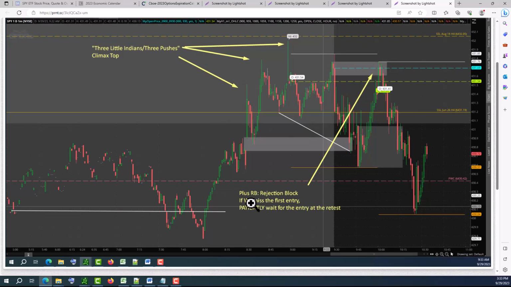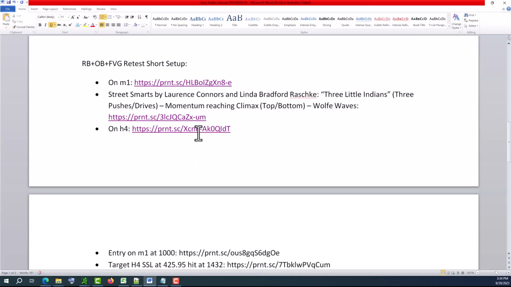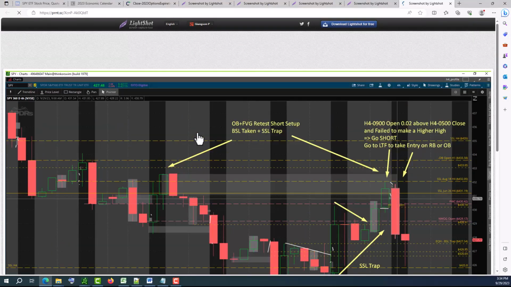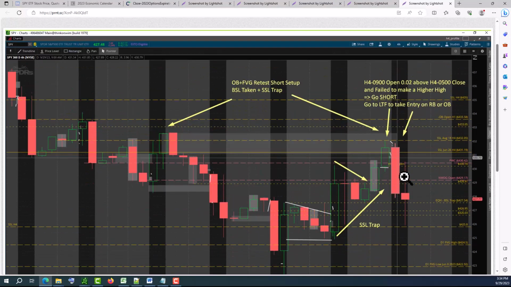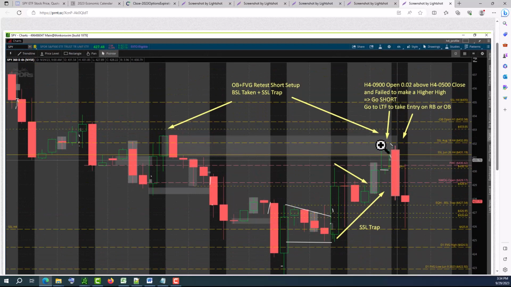So if we miss the first entry, which is right here, we patiently wait for the entry at the retest right there. And that plays into the 4-hour time frame, right? The area at this range is a bearish order block.